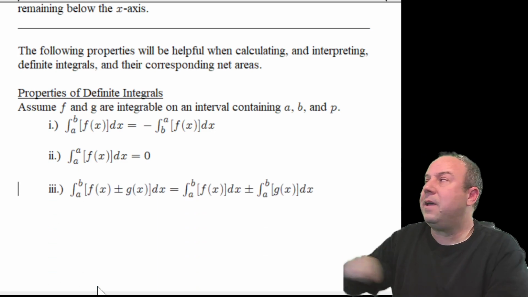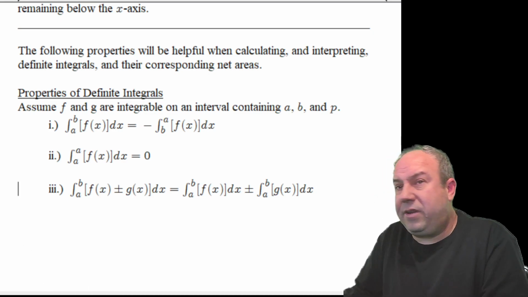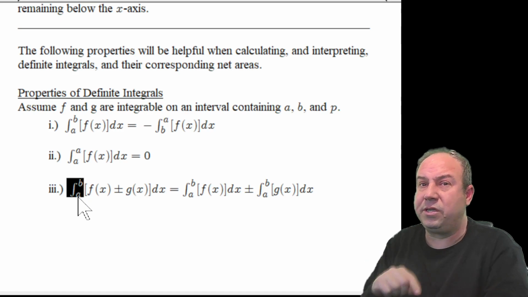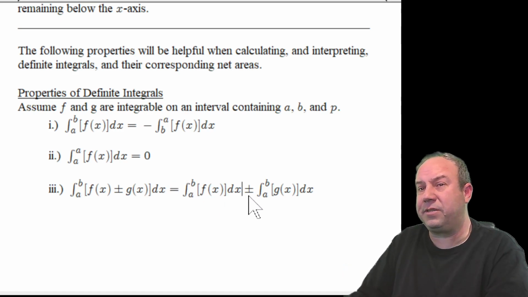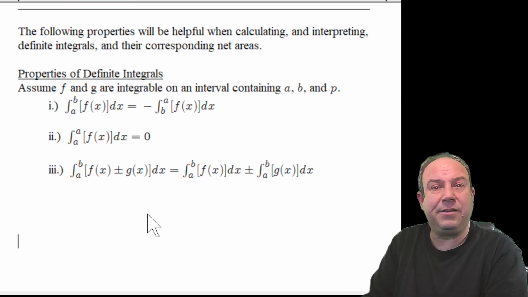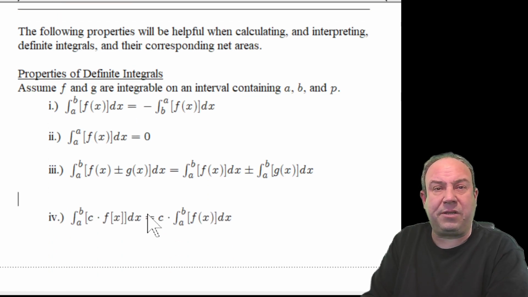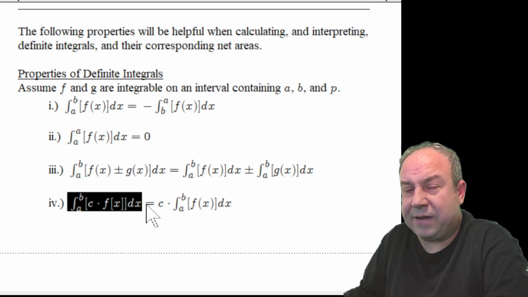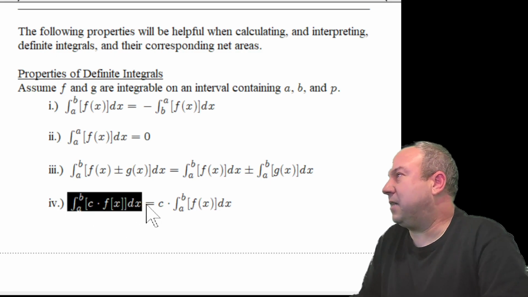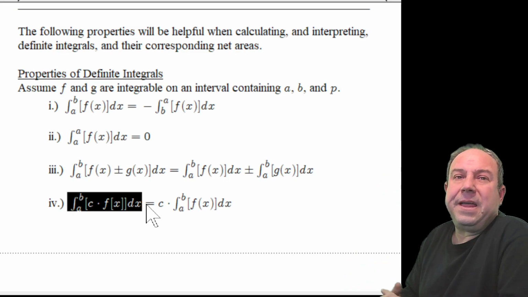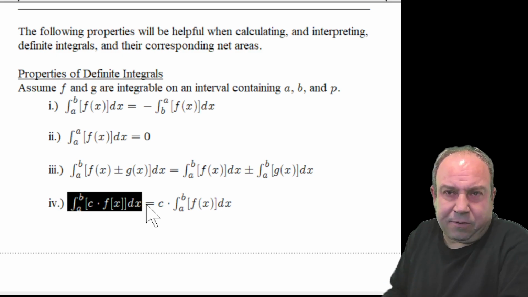Right? Just like antiderivative operators, the definite integral will distribute itself across a sum or difference. That's what this third property is saying. And the fourth property is also similar to what we saw for indefinite integrals, antiderivatives. And constant multiples will factor themselves out of definite integral calculations.